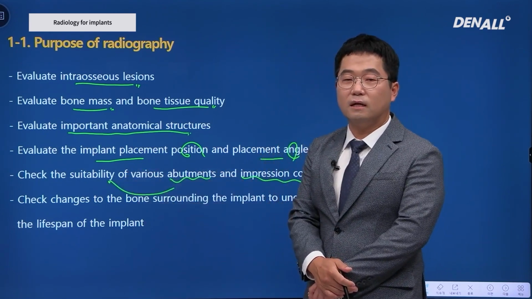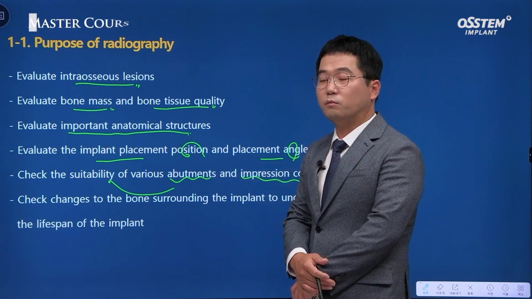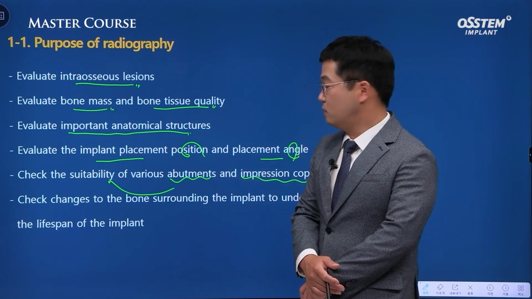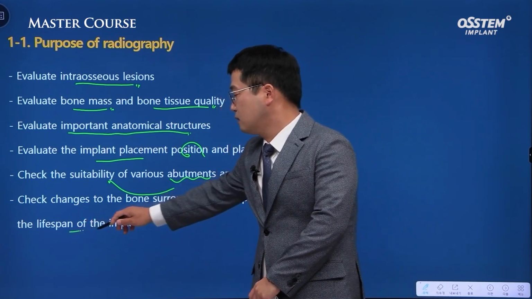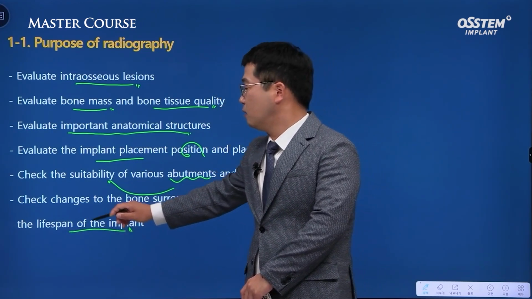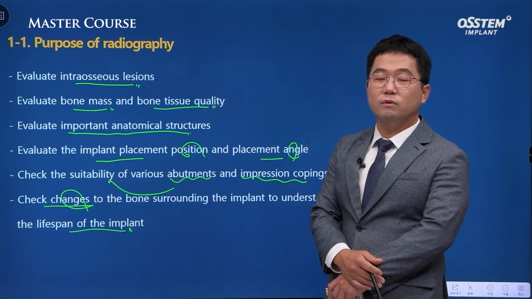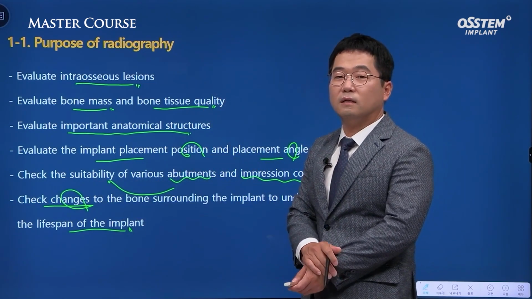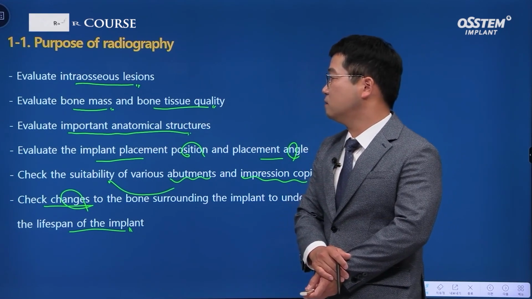If these are not correctly positioned, the prosthesis may not fit adequately. Once implant treatment is complete, we need to check the changes that can occur afterwards, for follow-up observation. These are the purposes we use the X-ray images for.